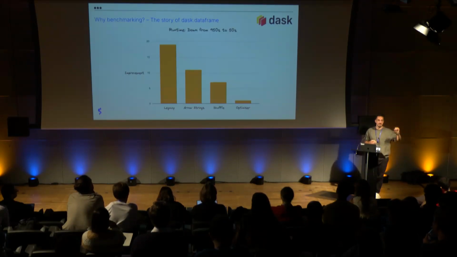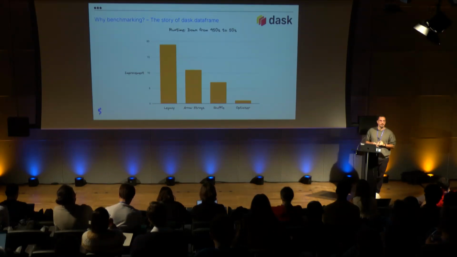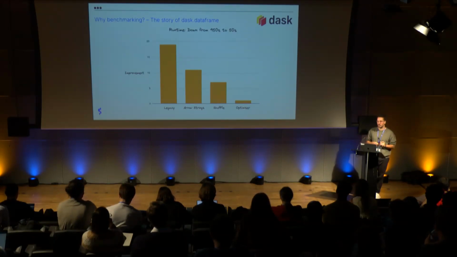So we decided we needed to revamp and improve this, but as usual, there was way more stuff to do than engineering time we had. So we needed some sort of function to decide what to actually focus on. Luckily, for tabular data, there are quite a few benchmarks out there that tell us how long our computations take. So we picked the TPCH benchmark, an industry benchmark for analytical workloads and queries.